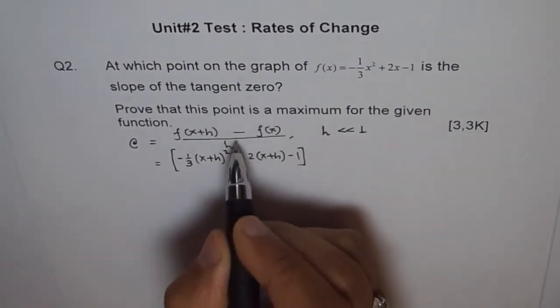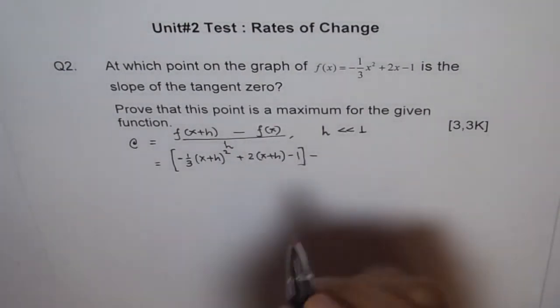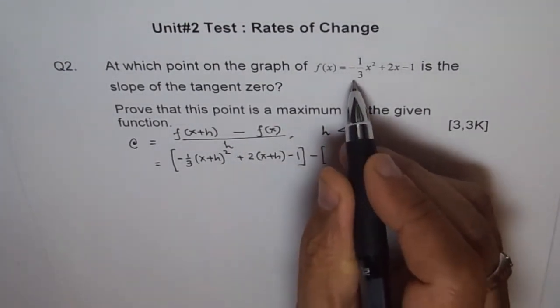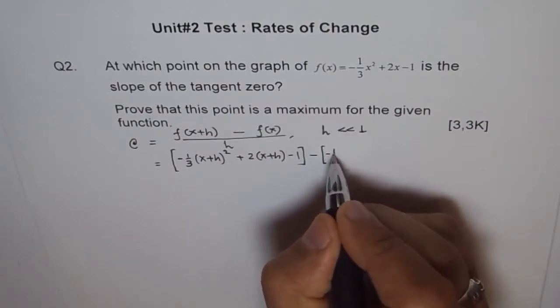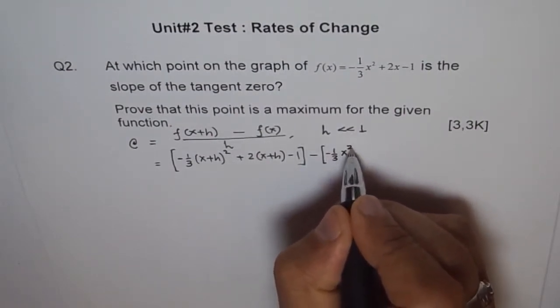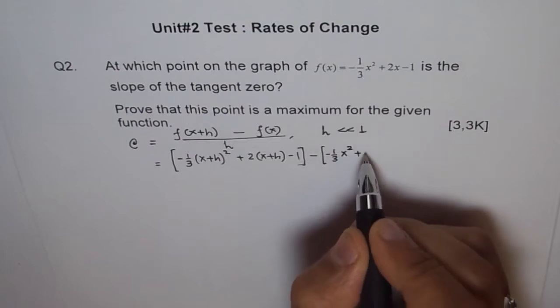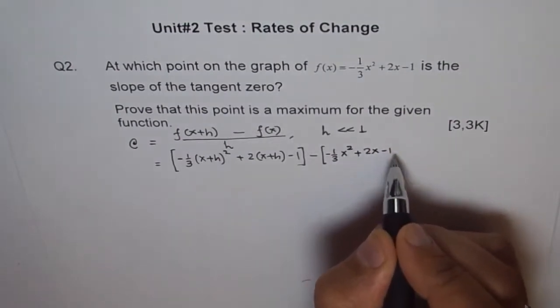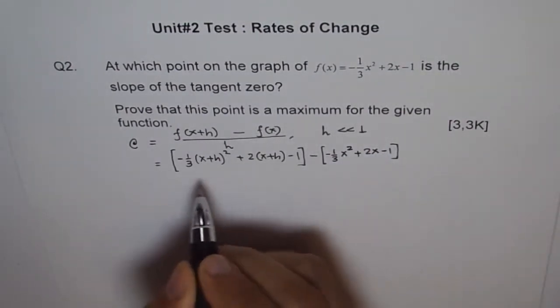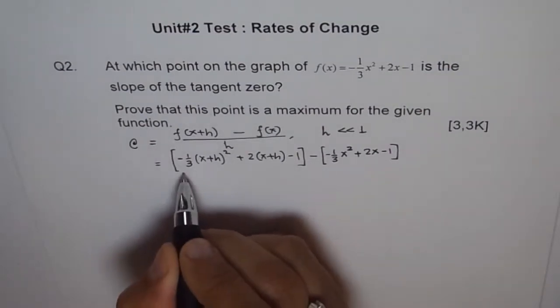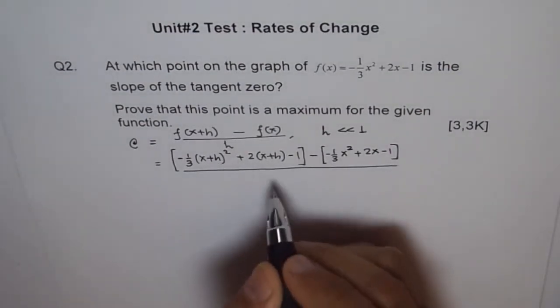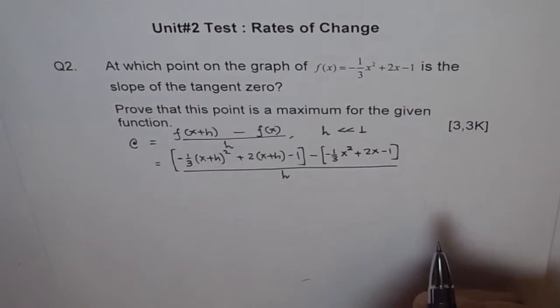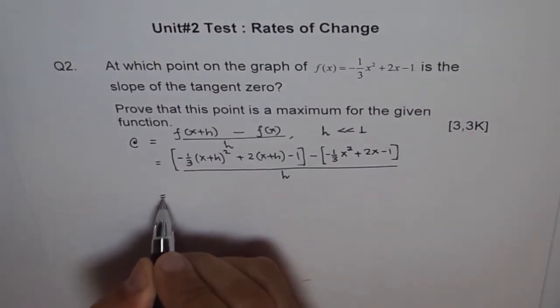Then f(x + h) - f(x), which is this equation itself, -1/3 x² + 2x - 1, correct? And everything is over h, correct?